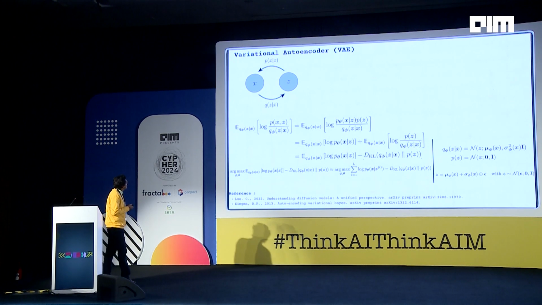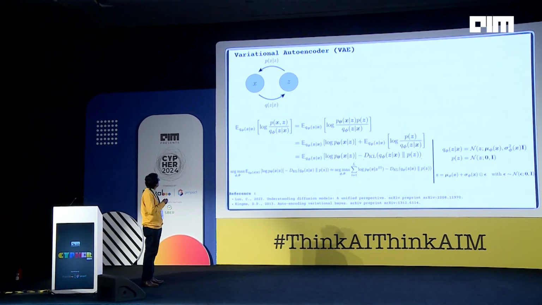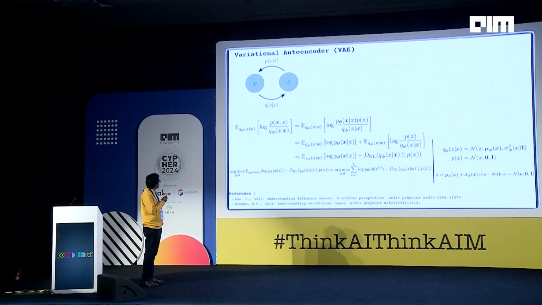So this is the variational autoencoder, okay? I have a latent space which is Z. This is my encoder, q(z given x), and this is my decoder, p(x given z), right? If I do that, I see there are two terms, okay?